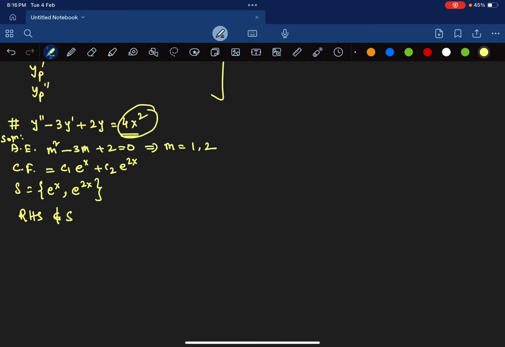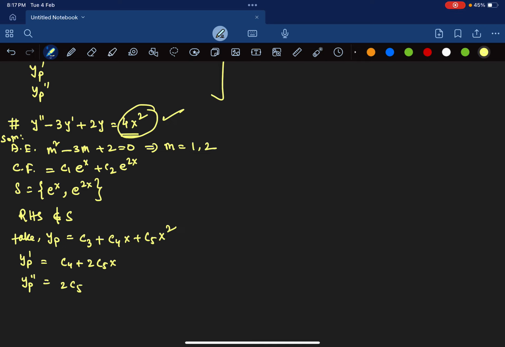And here you have this polynomial function. So you can take yp as, since this is quadratic, c3 plus c4x plus c5 x square. If it is cubic, then another term will be there. Now find yp dash and yp double dash. So this would be c4 plus 2 c5 x, and 2 c5.